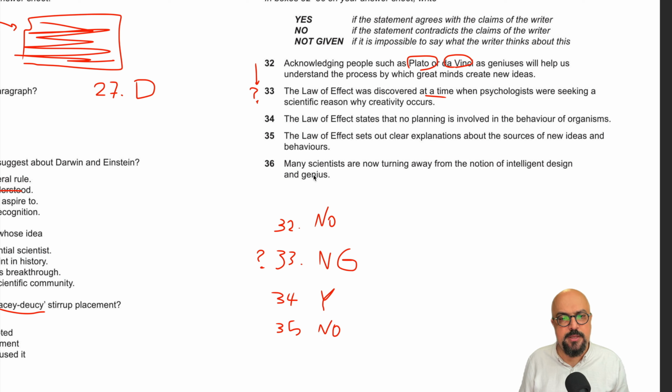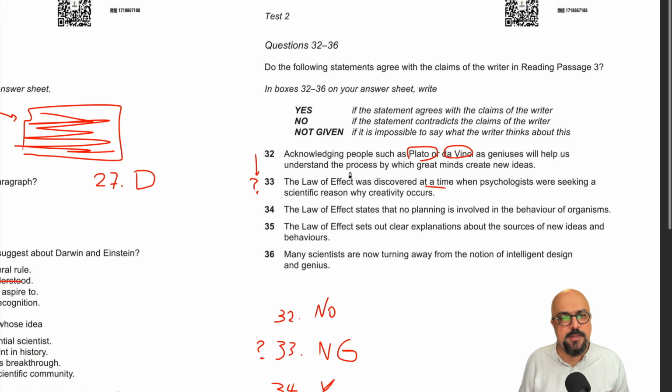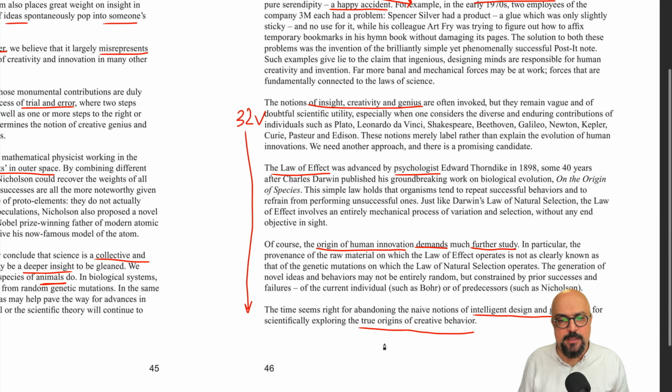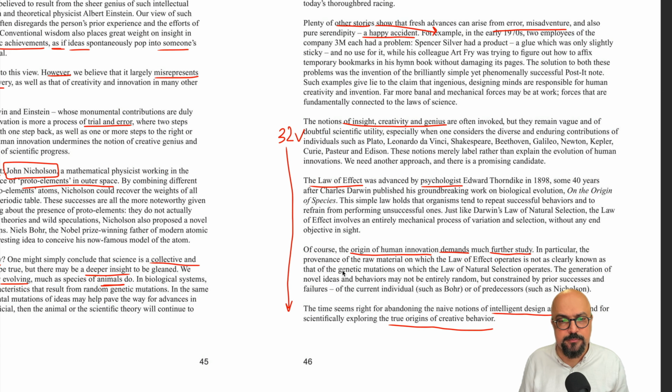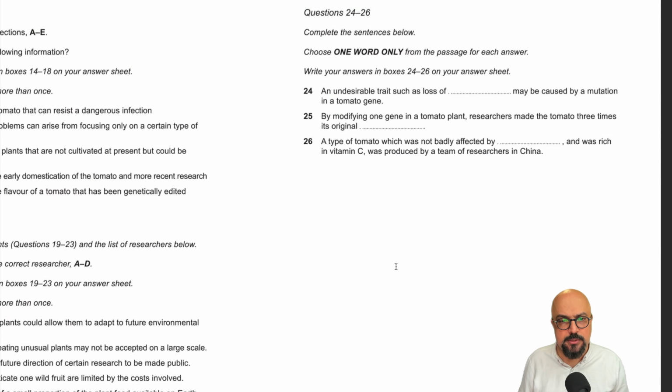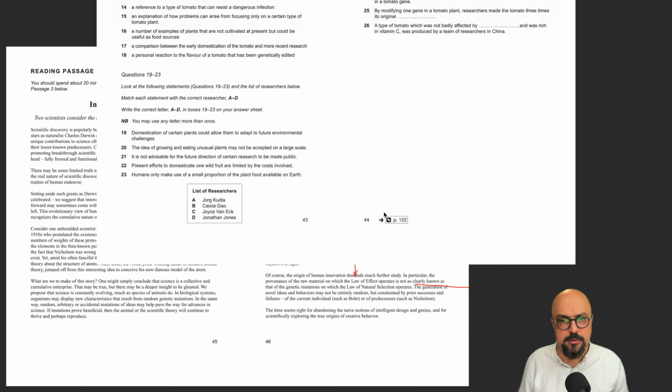And 36, many scientists are now turning away from the notion of intelligent design and genius. I remember that somewhere. Time seems right for adaptation and for scientific exposure. Wait a second. What happened here?